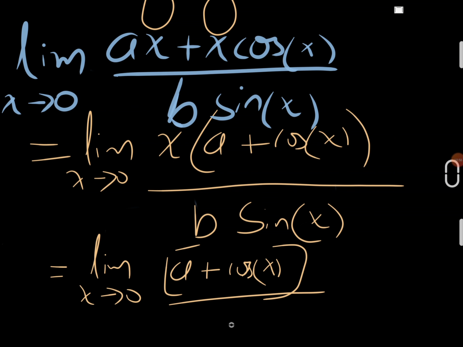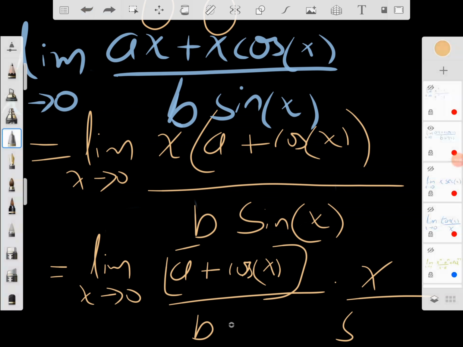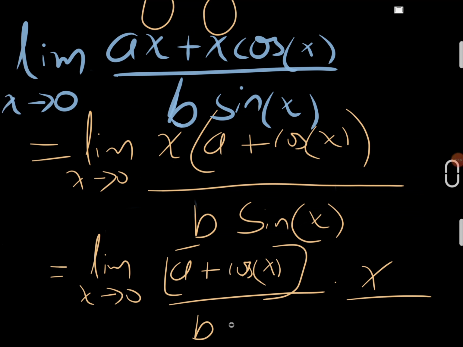That is why the handwriting comes like this. Okay, anyways, so it is divided by b into x divided by sine of x. Oh, by the way, sine of x, you should not write capital S, S is a small letter. Same applies for cos also. So sine of x. I'm just rearranging these terms: a plus cos x into x divided by b into sin x.